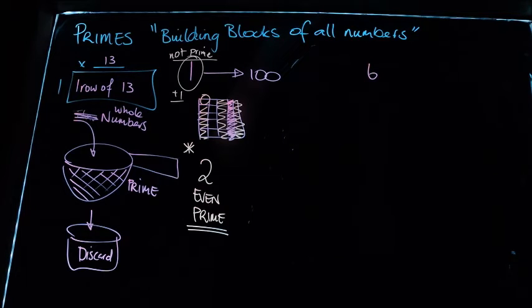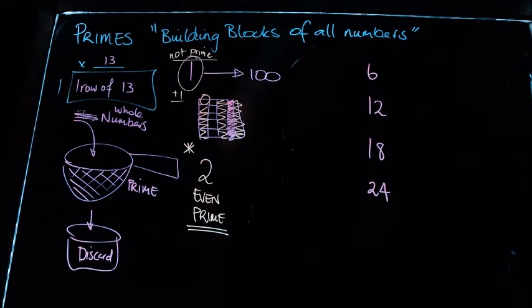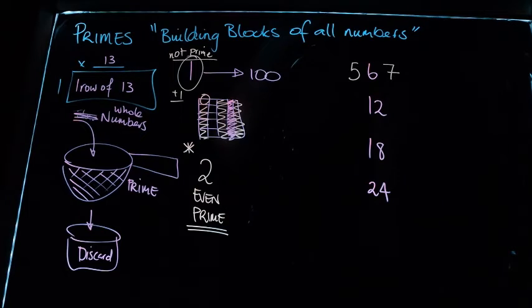I'm just going to write out some multiples of 6. And perhaps this is enough to get you started on looking for a pattern. So they're the multiples of 6, and I'm writing the numbers either side of them.